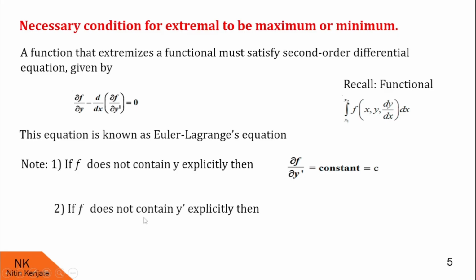Also, if f does not contain y' explicitly, then ∂f/∂y' is equal to 0. Because if f does not contain y' explicitly, then the partial derivative ∂f/∂y' is going to be 0. So we are left with ∂f/∂y is equal to 0.